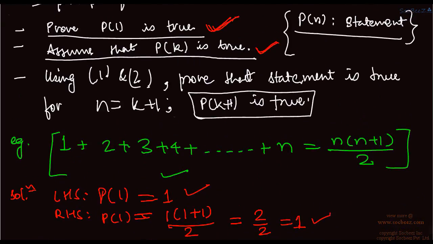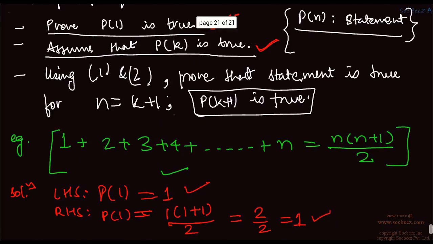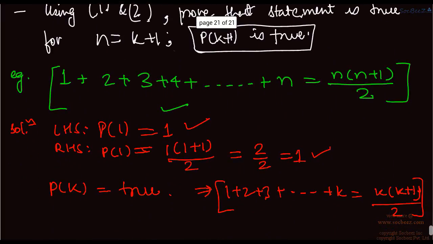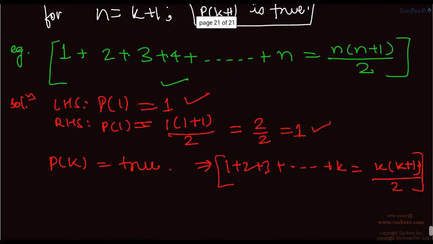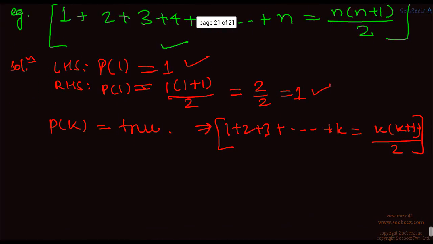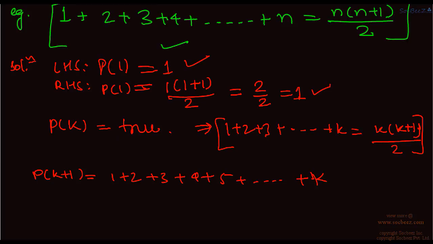Using 1 and 2, prove that the statement is true for n equals k plus 1. That is, P of k plus 1 is true. Now we are going to prove P of k plus 1. On the LHS side it is 1 plus 2 plus 3 plus 4 plus 5 plus up to k plus 1.